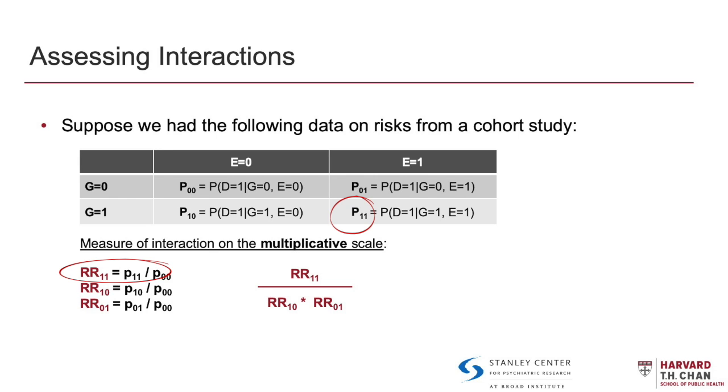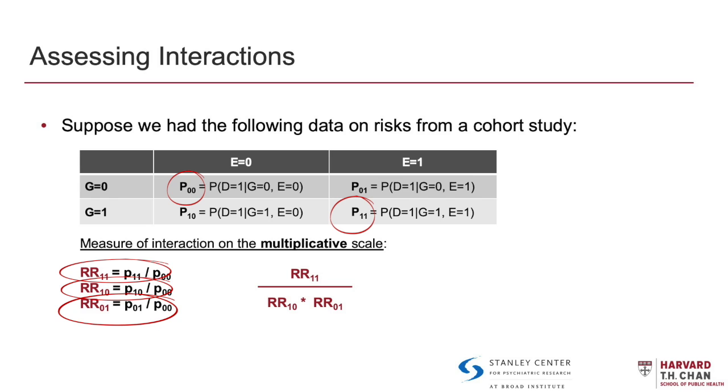So the risk ratio for environmental risk factor would be RR01, and then the risk ratio for the genetic risk factor would be RR10. All we are doing is taking the individual cells, the probability of a disease, dividing it by the underlying risk, or the risk in the absence of both exposures, which is P sub 00.